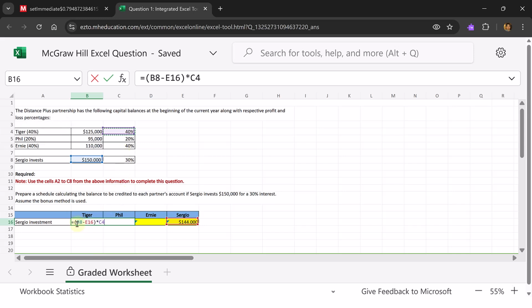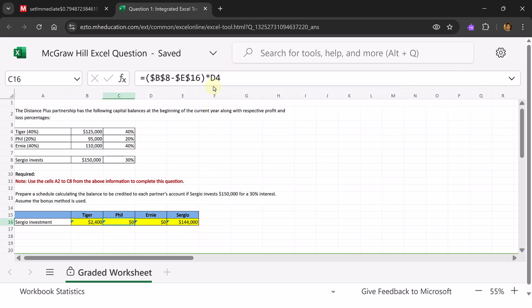But this B8 minus B16, 150 minus 144, is always going to stay the same. So let me lock that in here by putting in the absolute address for the two cells here. And when I enter, okay, so that should be 40% of 6,000. And let's copy that across. It's going to be wrong. You can see 0 here.